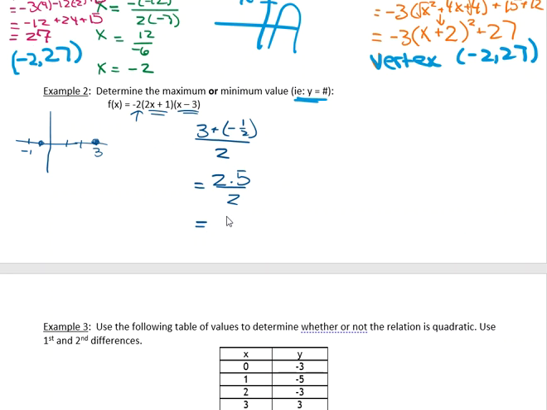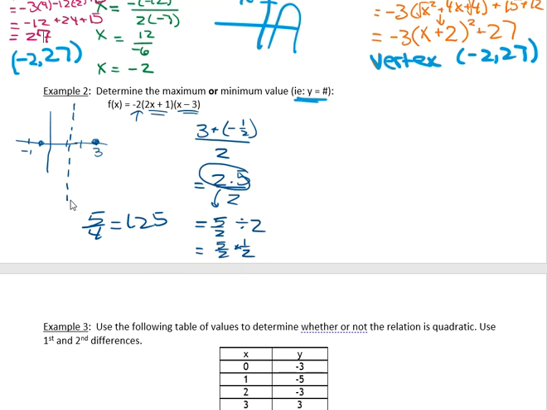let me write it like this. So 2.5 is 5 over 2, and I'm dividing by 2. 5 over 2 divided by 2 is 5 over 2 times 1 over 2, so it's 5 over 4, or 1.25. So there's our equation of the axis of symmetry right here.